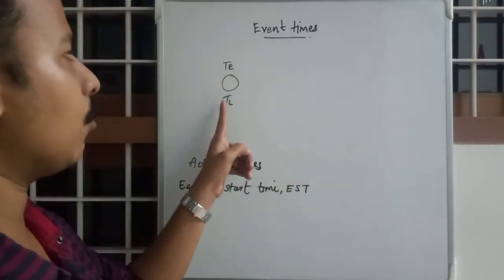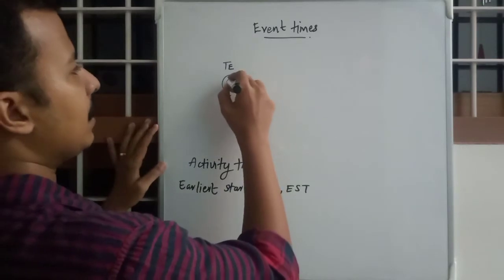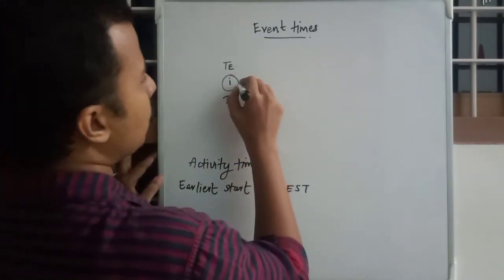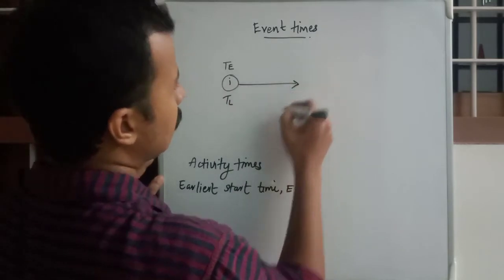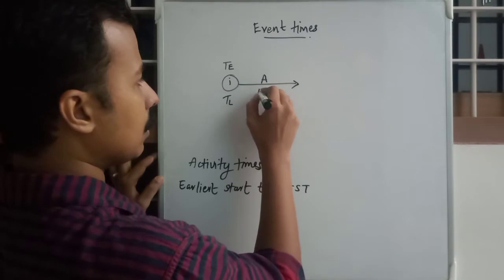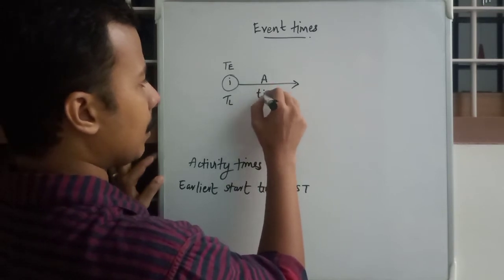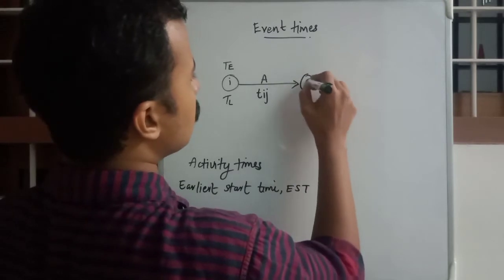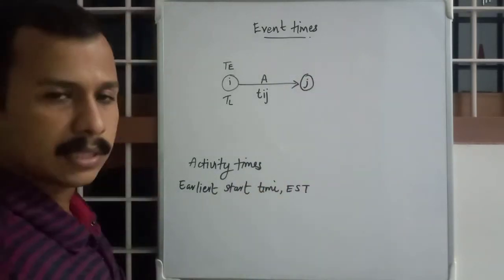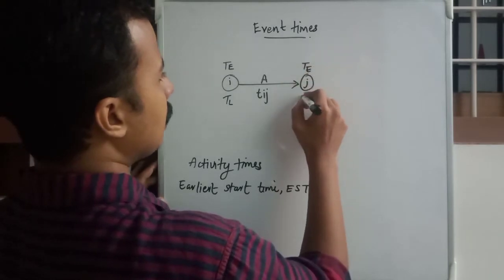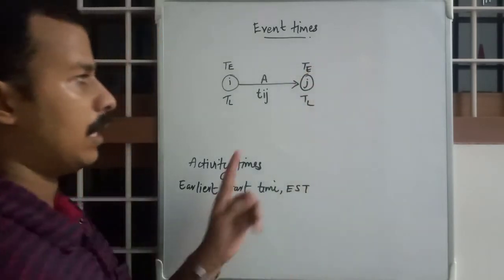So TE and TL were event terms of I. Suppose there is an activity named A with time Tij. This is event J, and there is TE and TL for event J also.